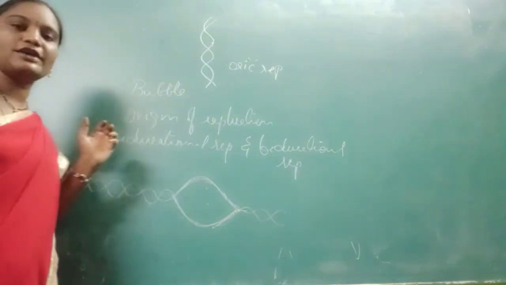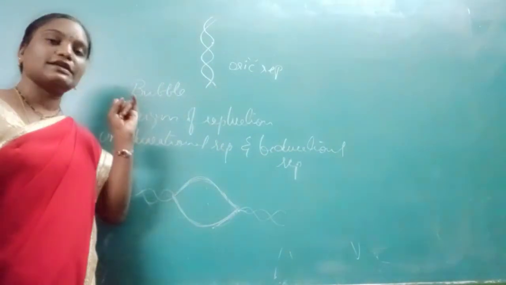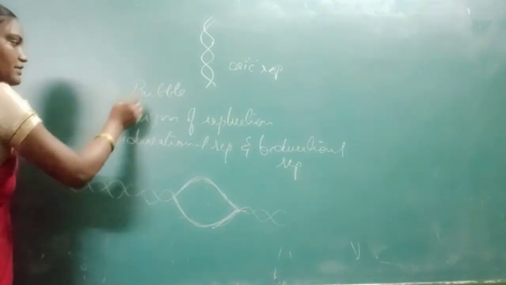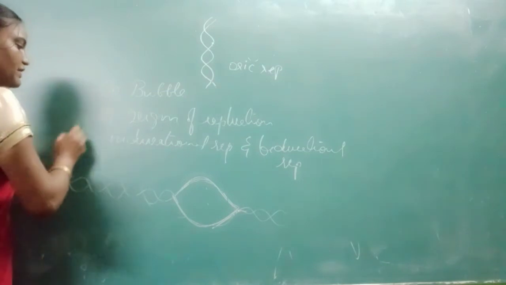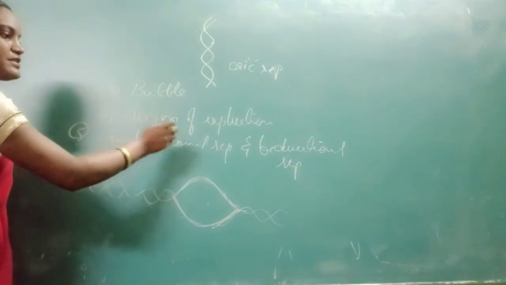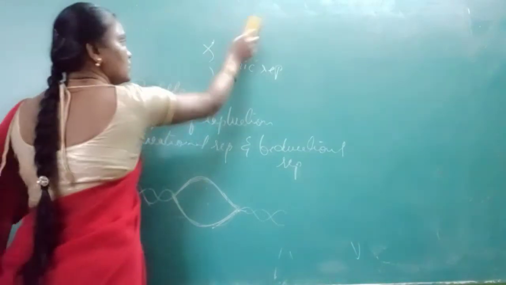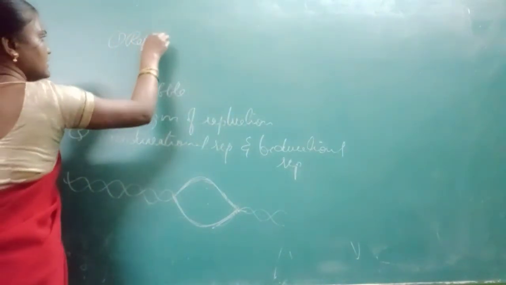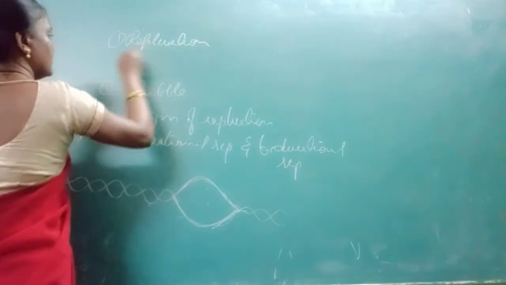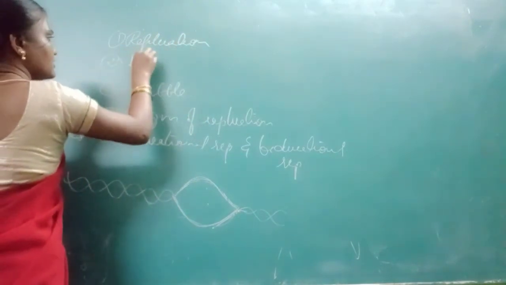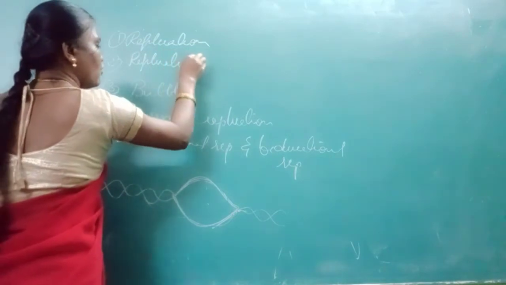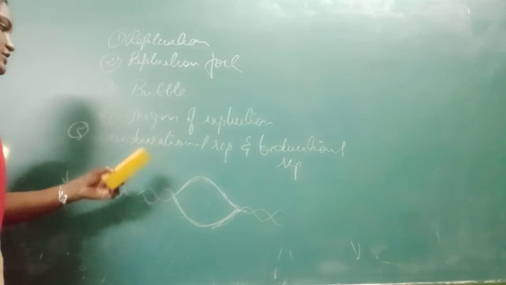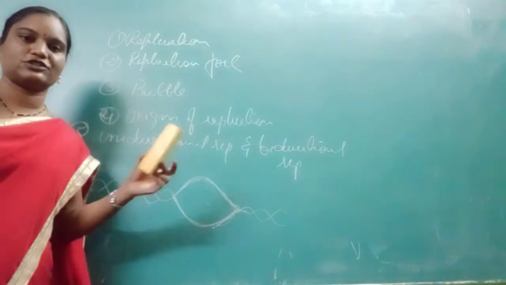So up to here we have learned about replication, the replication fork, the replication bubble, the origin of replication, and unidirectional and bidirectional replication. These are the important terms that I have explained to you: replication, replication fork, replication bubble, origin of replication, unidirectional replication, and bidirectional replication.